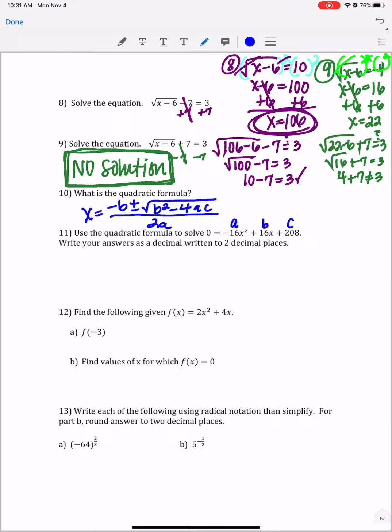So we've got x equals negative b, so negative 16, plus or minus the square root of b squared minus 4 times a times c, all over 2a.